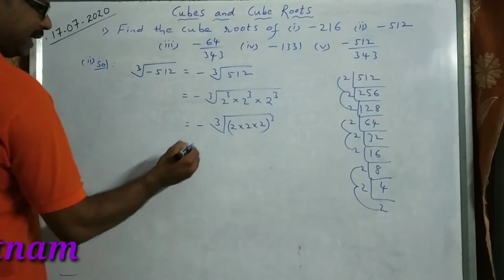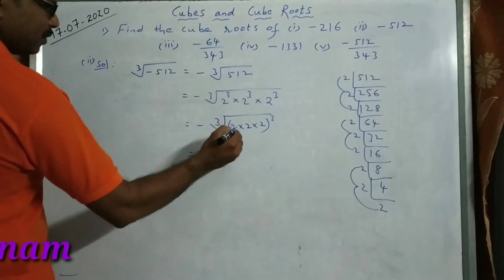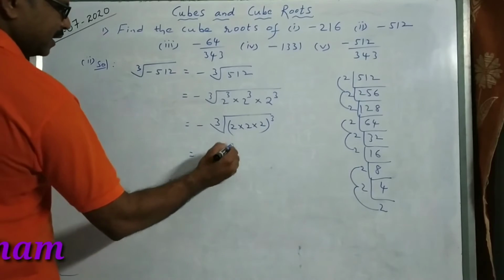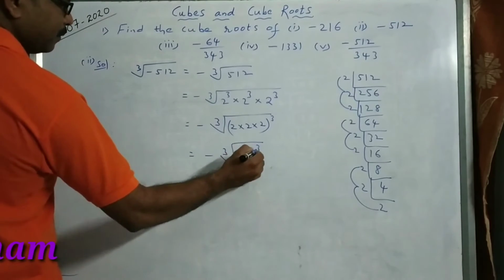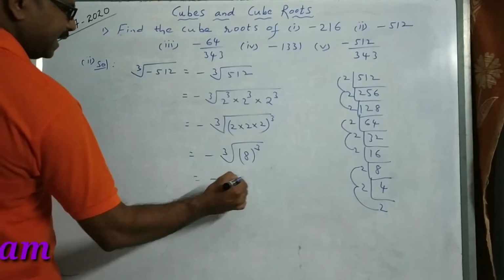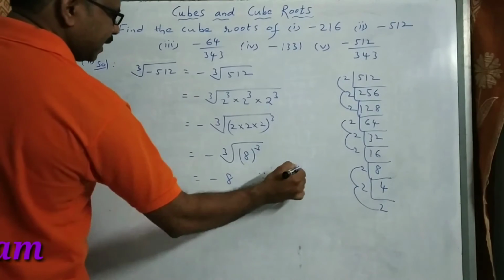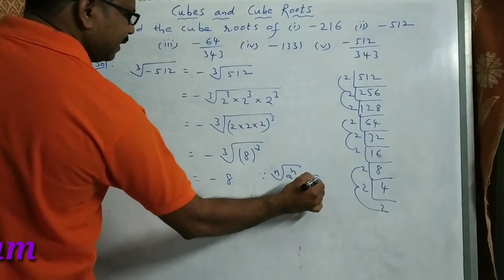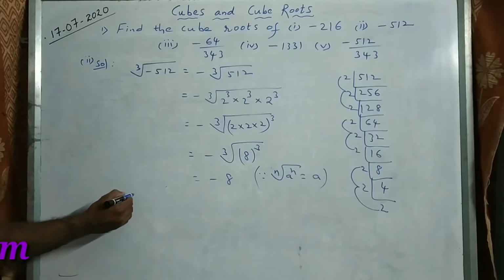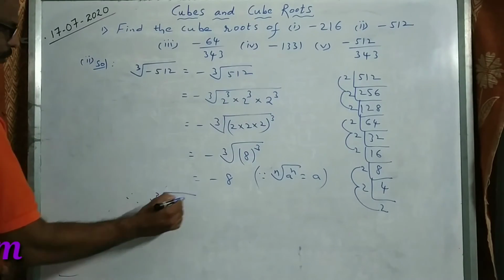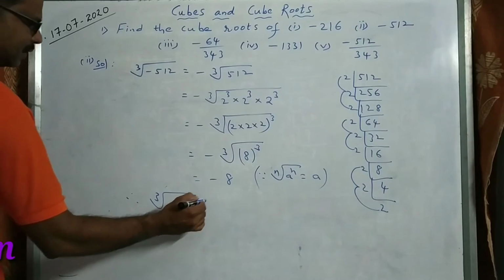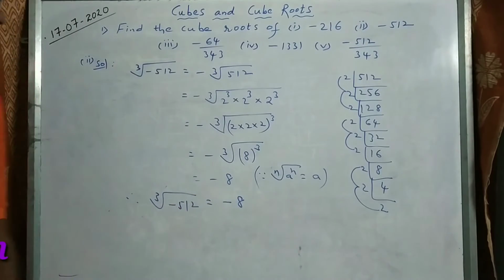Now this 3 and the cube root get cancelled, as I told you earlier. 2 twos are 4, 4 twos are 8. 8 cube. So minus 8 will be the answer, because the nth root of a to the power n will be a. Therefore the cube root of minus 512 is minus 8.